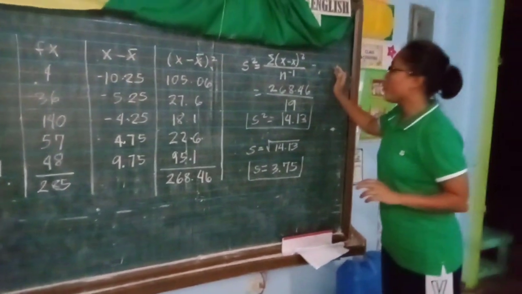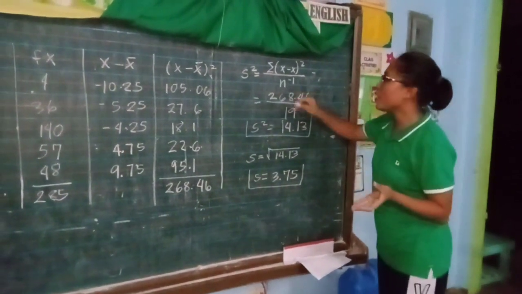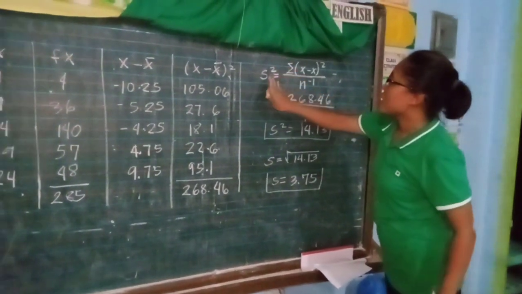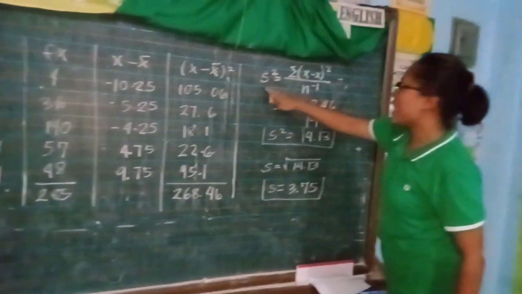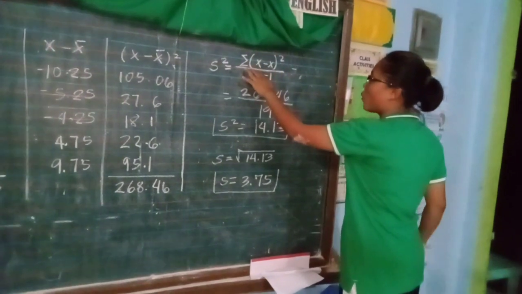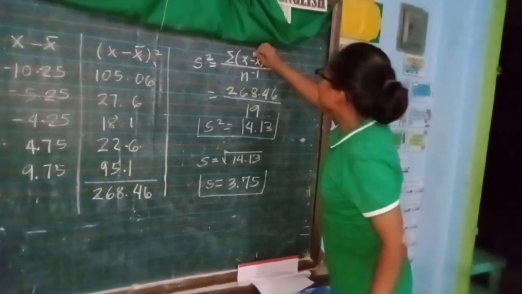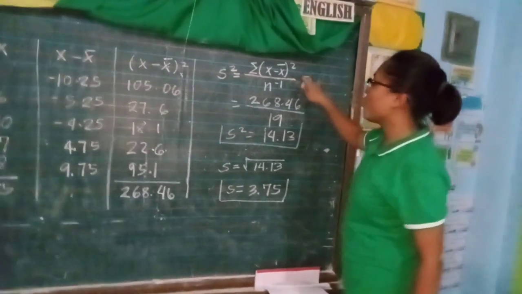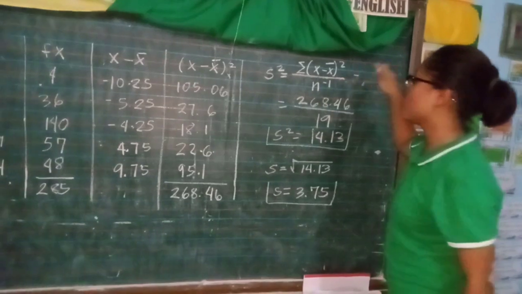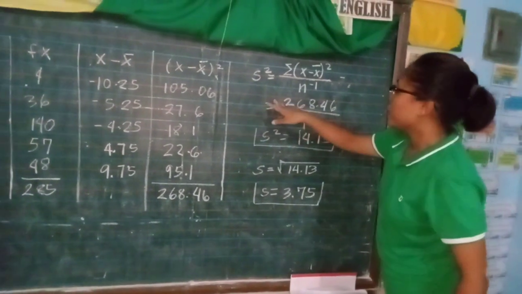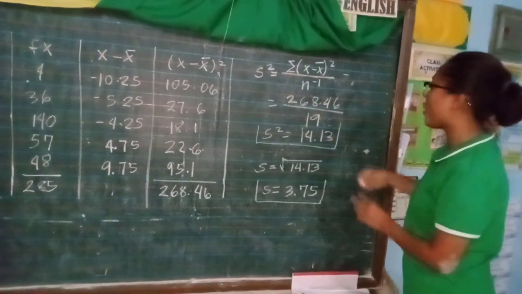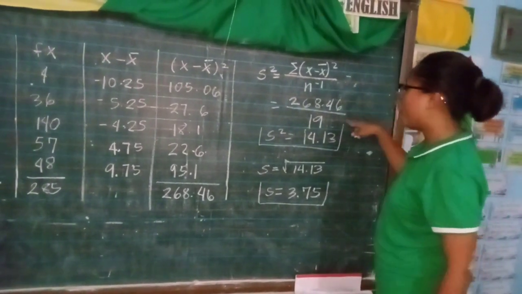For our last step, we will find our variance, and we will use this formula, and that is s squared, s raised to the power of 2, is equal to summation of the quantity of x minus mean raised to the power of 2 over n minus 1. Now, the next step is equal to 268.46 over 19.